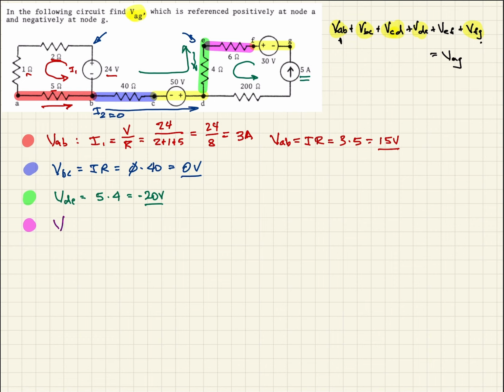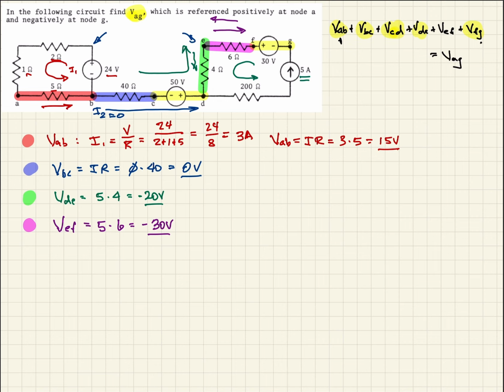So VEF will be equal to the current, 5 amps, times the resistance, 6 ohms, and we get 30 volts. Again, we're calculating voltage this way along our path, but our current is flowing this way, so it will be a negative value.